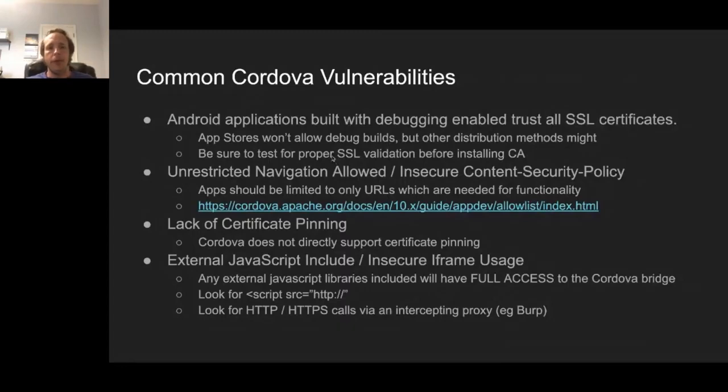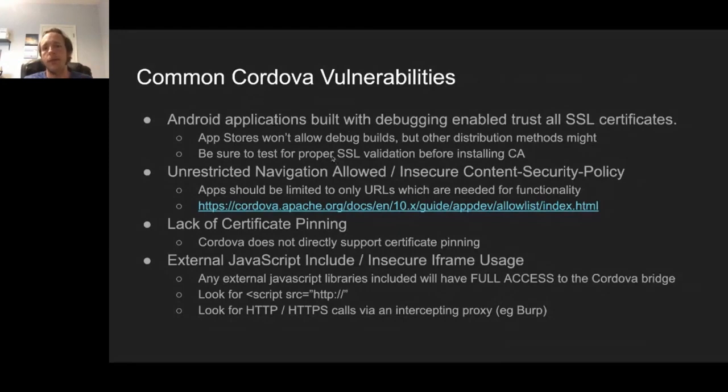Another really common vulnerability is if your application is written in Cordova, there's a thing called the Cordova bridge, and that's Cordova.js. And what that does is it allows all of the device functionality to be accessed through JavaScript. So if your application is allowed to navigate to arbitrary URLs and your content security policy is set wide open, basically what that means is any JavaScript code that executes, whether it's part of an ad network or an external web, it has full access to the Cordova bridge.